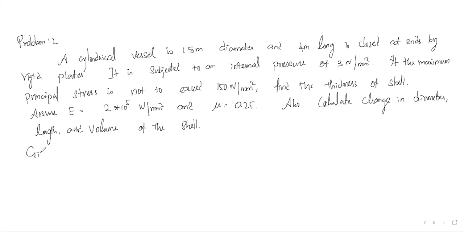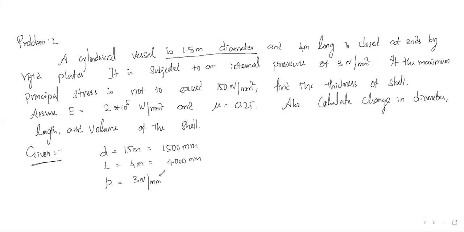Okay, so with respect to this problem, the given data are, the cylindrical vessel of diameter D is equal to 1.5 meter, which is nothing but 1500 mm, and 4 meter long, so 4000 mm, and it is subjected to an internal pressure P is equal to 3 Newton per mm square.